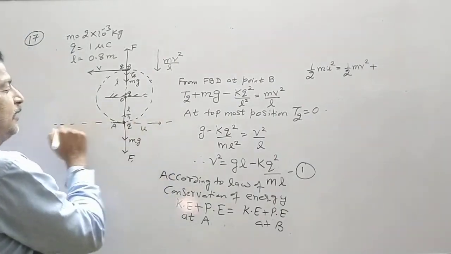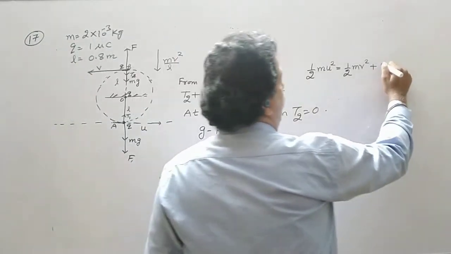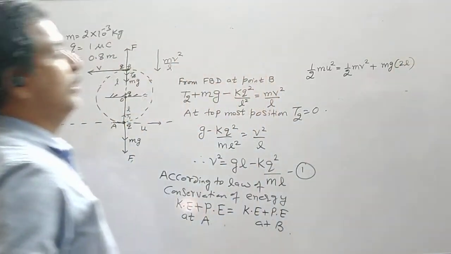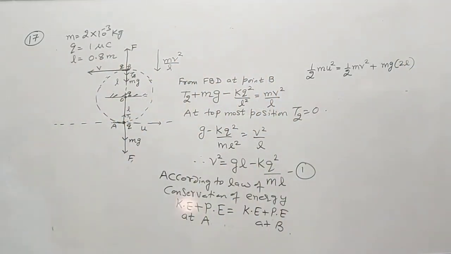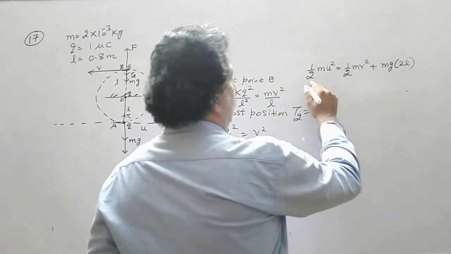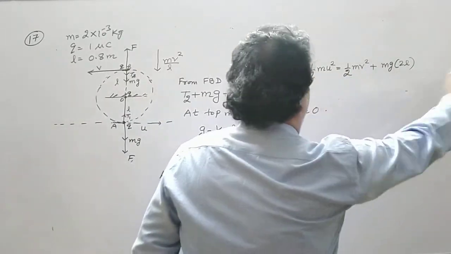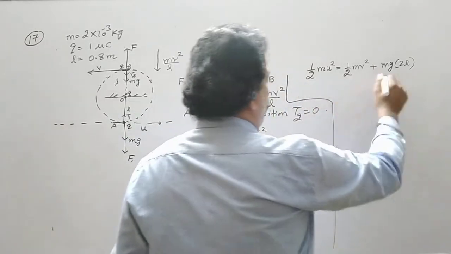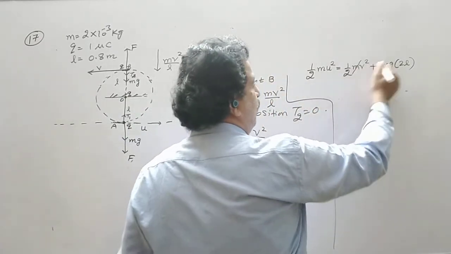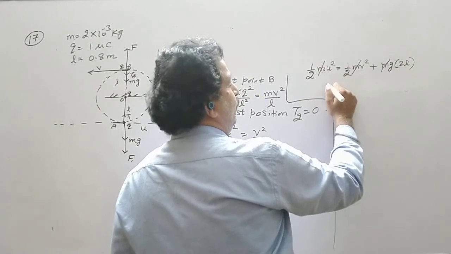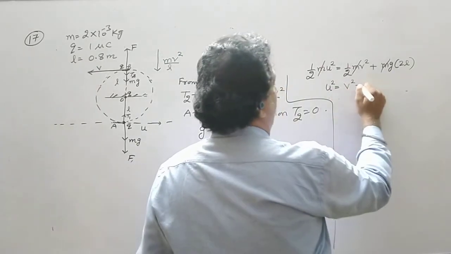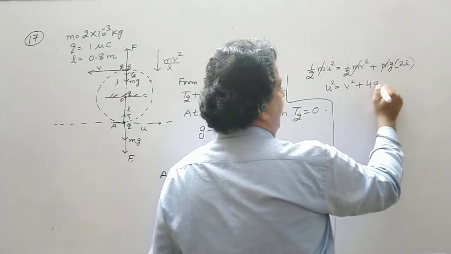We assume that this is the ground. So potential energy becomes mg into twice L. Now I have to find out u. So we multiply this equation by 2 and divide it by m. m is cancelled. So it becomes u square is equal to v square plus 4gL.